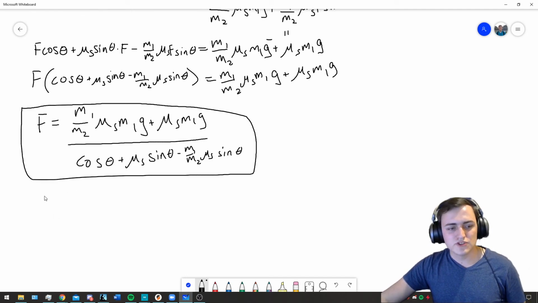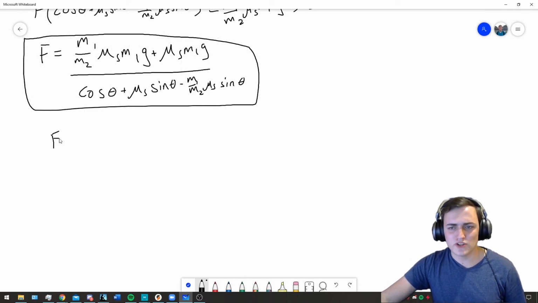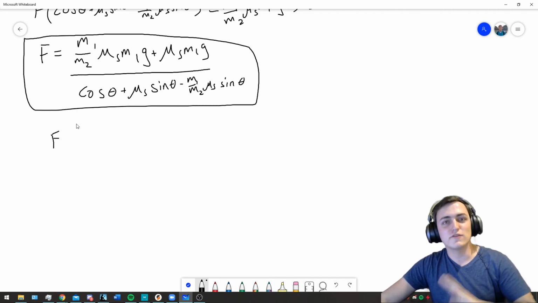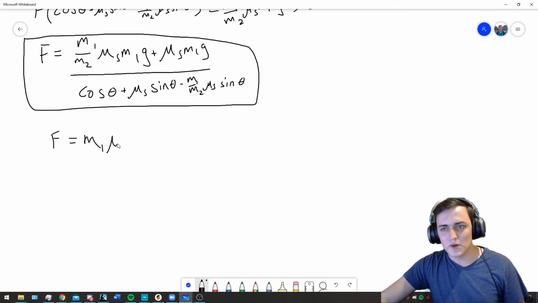We will now work towards the answer that the answer key has, so that if you're looking at the answer key, you can see how they got that, and you can double check that your answer to this problem is correct. If you go through all this, you'll know for sure, but it can be a little more tedious and feel a little unnecessary. We're going to multiply everything by m2.